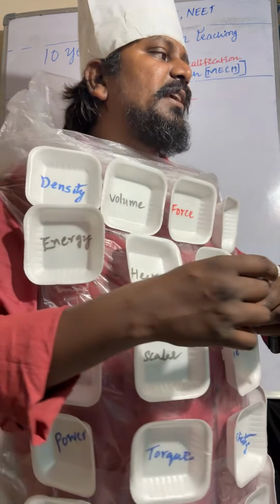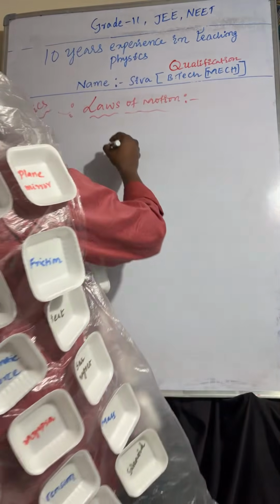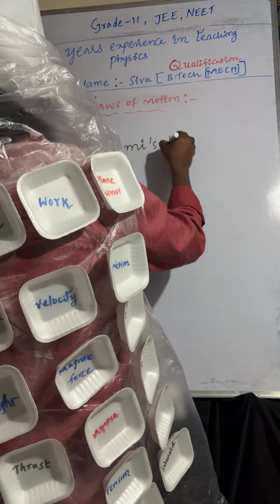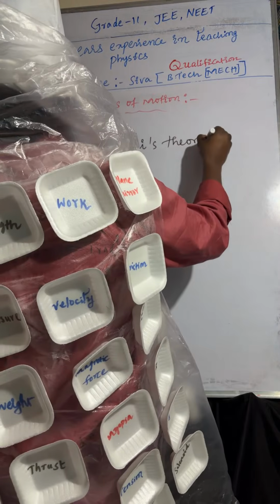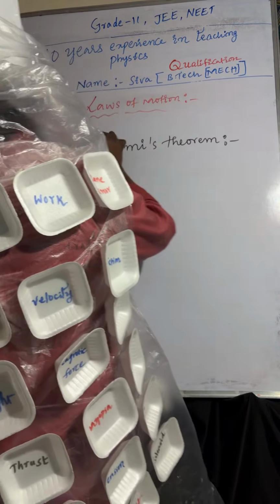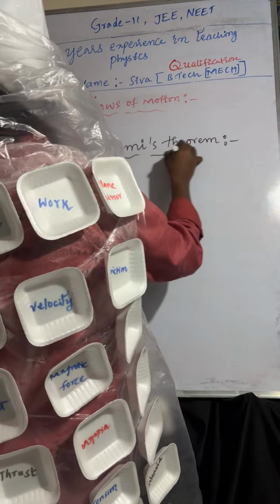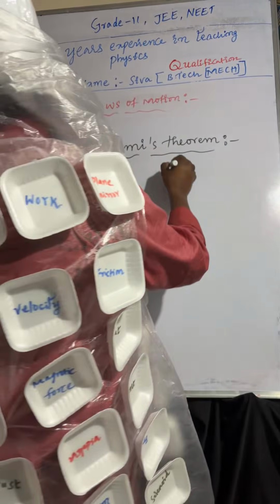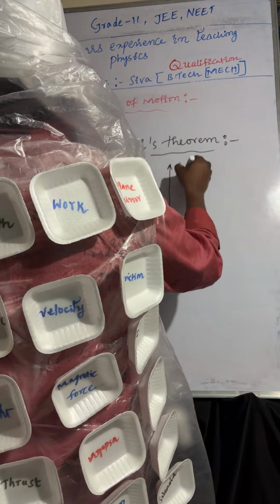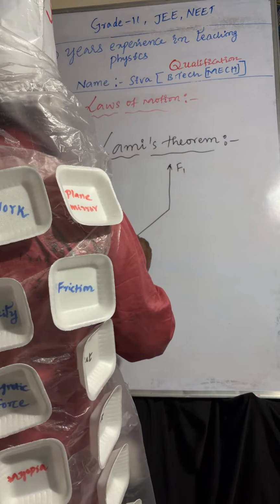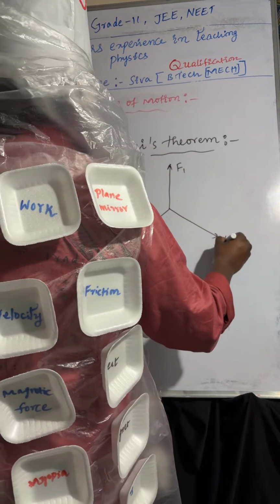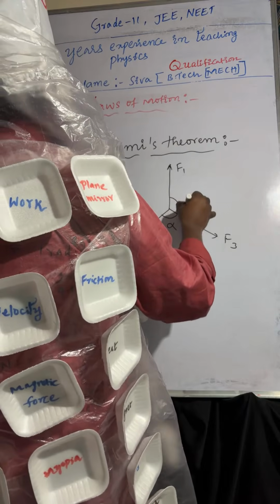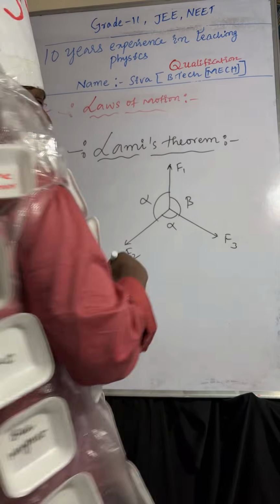So coming to Lami's theorem. Now you can observe the forces acting: F1, F2 and F3, with angles alpha, beta and gamma.